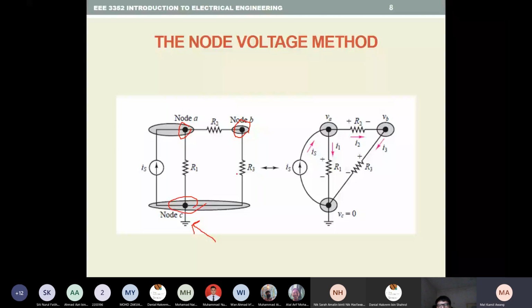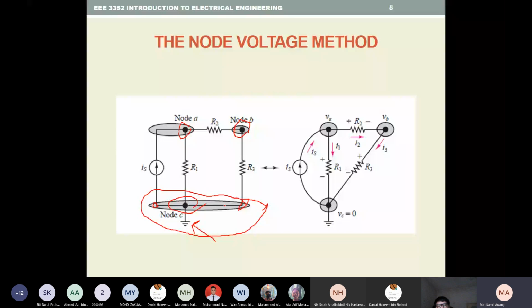This can actually be redrawn as this, because sometimes students get confused by this. They don't see this as one node. Sometimes they put this is another node, this is another node, which is wrong, because you cannot do that, because there is no element here.